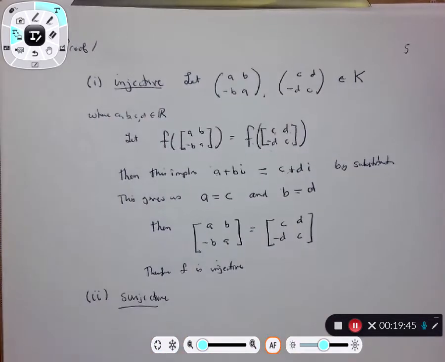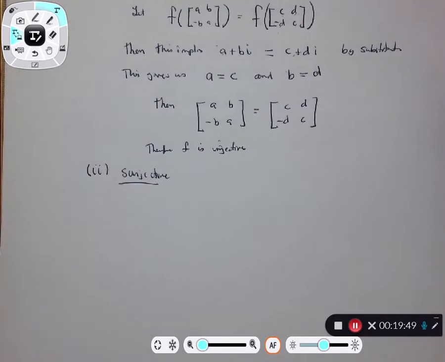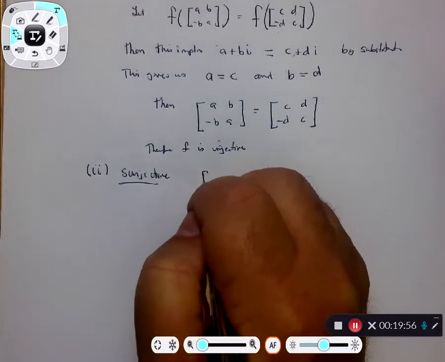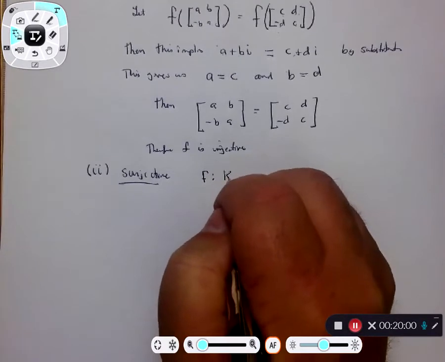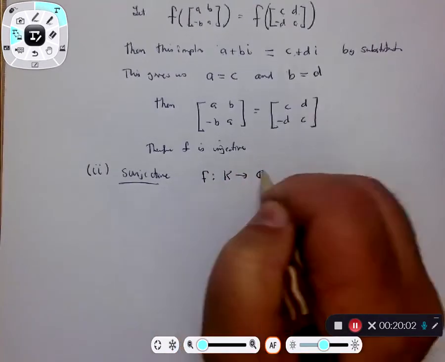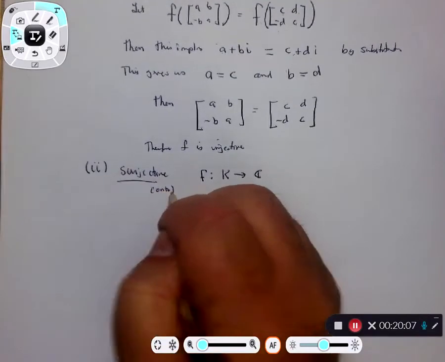Now I want to show surjective. Surjective is actually a wee bit on the easier side, and it is this. Remember, f is mapping from K into the complex numbers. Surjective is the same thing as the old word onto from high school.